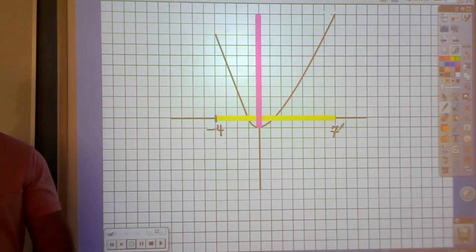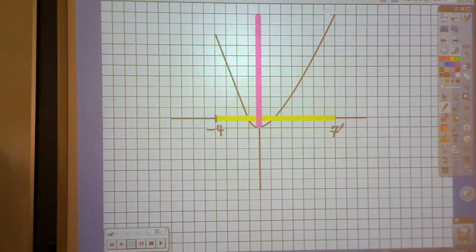To 7. Alright, so domain is just how wide it goes, and then range is just how tall it goes.